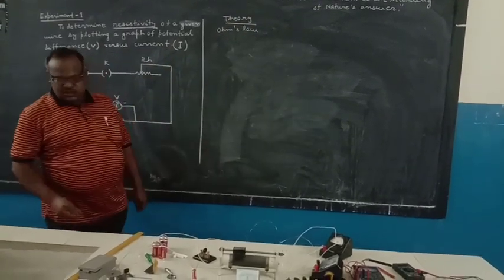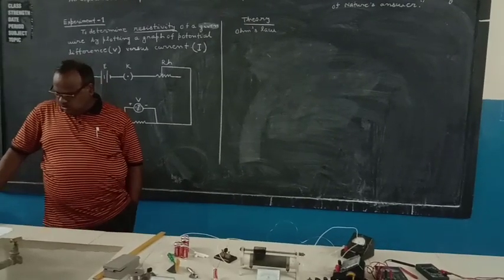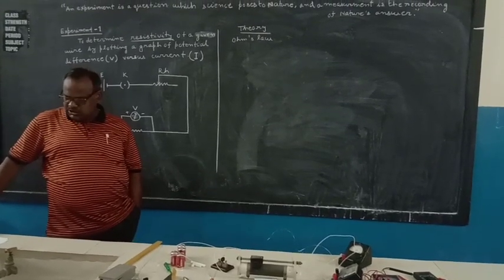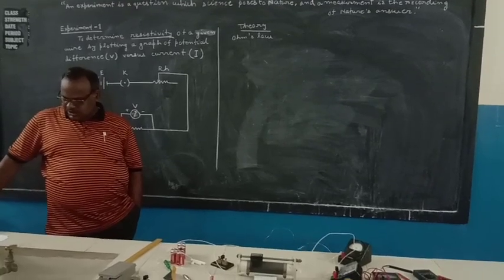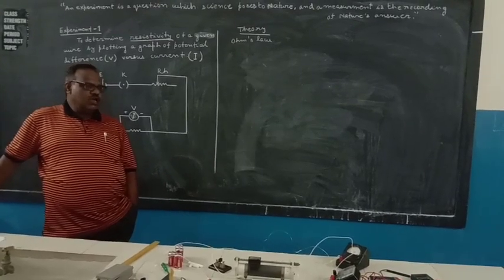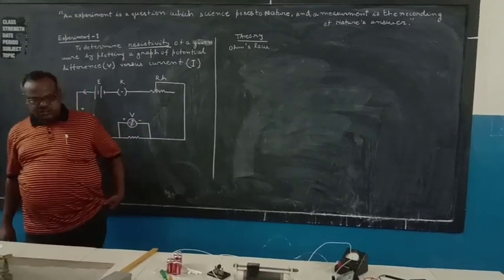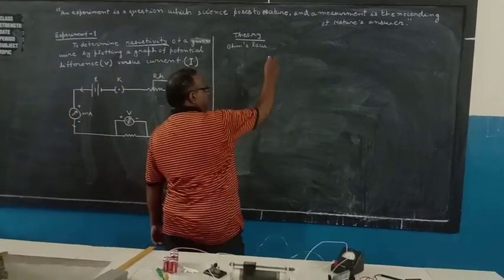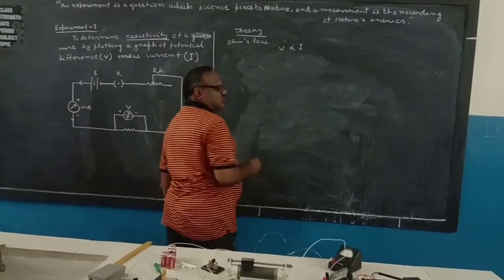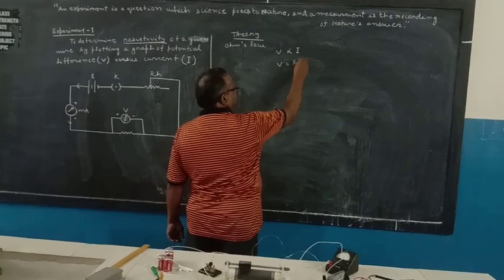Ohm's law says that the electric current flowing through a conductor is directly proportional to the potential difference between its ends, if the physical conditions are constant, because the area of cross section, the length, and the temperature of the surrounding are constant. So we write V is proportional to I. So V equals resistance R into I.